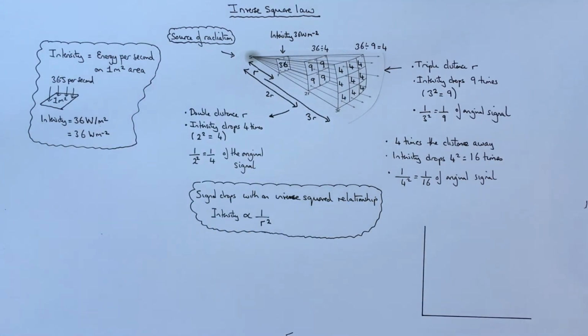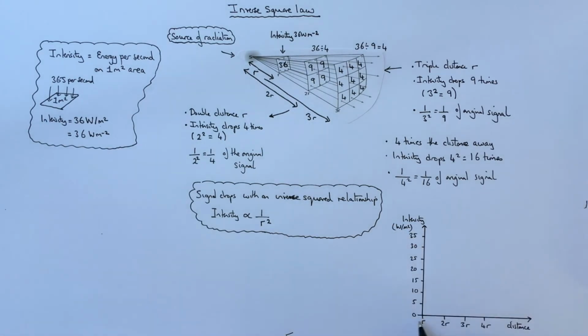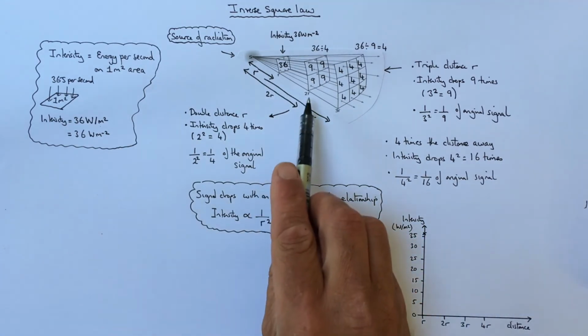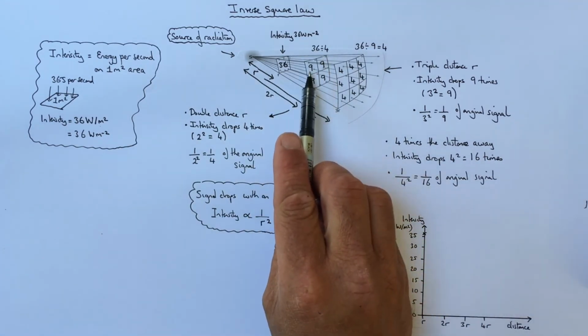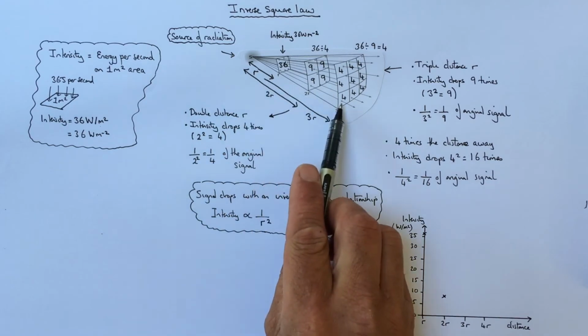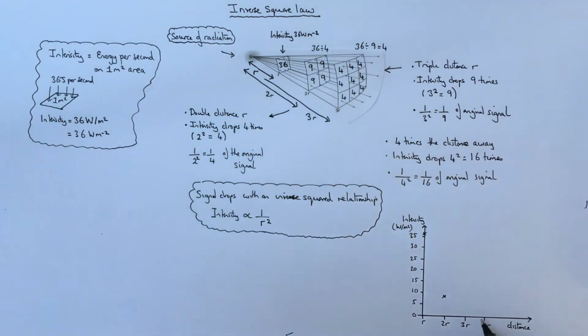So how would this look if we plotted a graph of intensity against the distance away? At a distance r away, the intensity was 36. At 2r away, it was a quarter of 36, which was 9. At 3r away, it was a ninth of the original, so it had dropped down to 4.